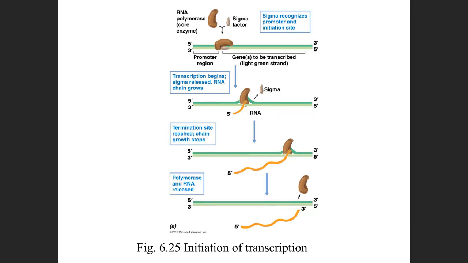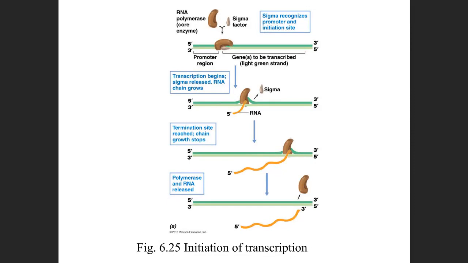Okay, so here is the transcription, how it starts. First of all, if you look at this, the DNA molecule is double-stranded, so it's 5 to 3 and 3 to 5.